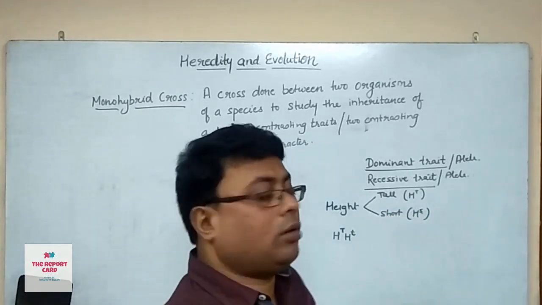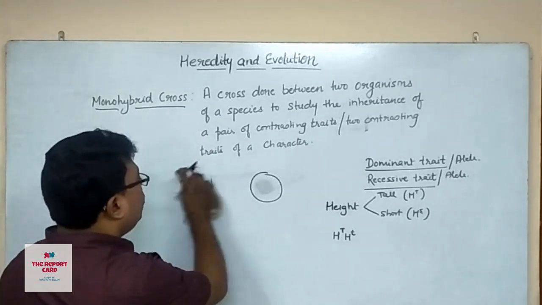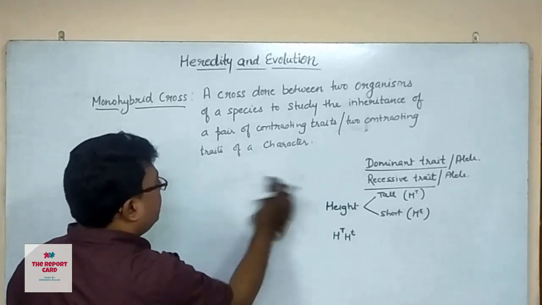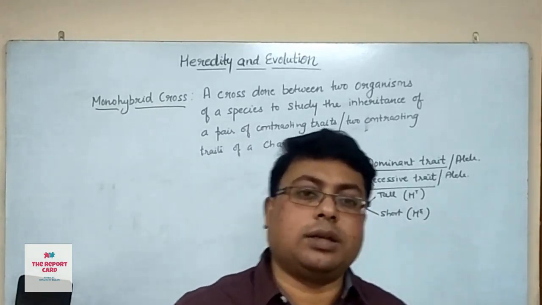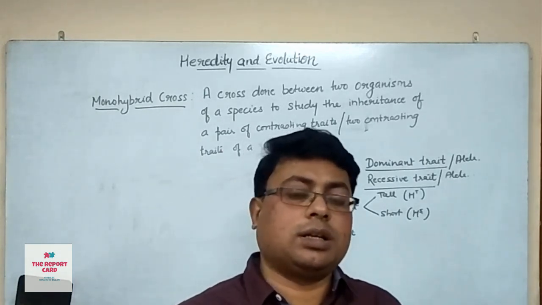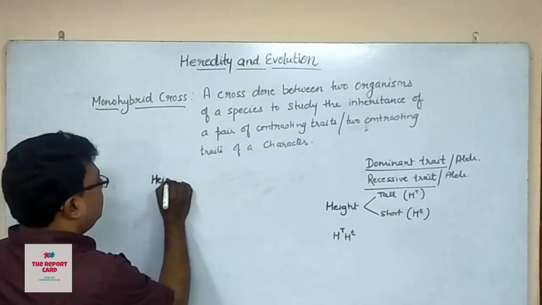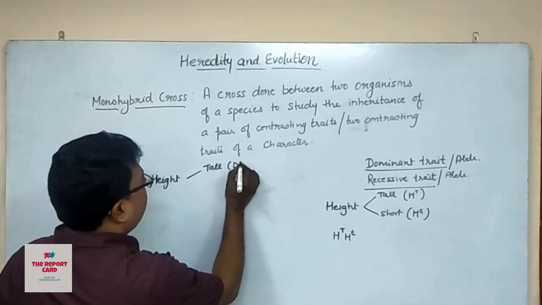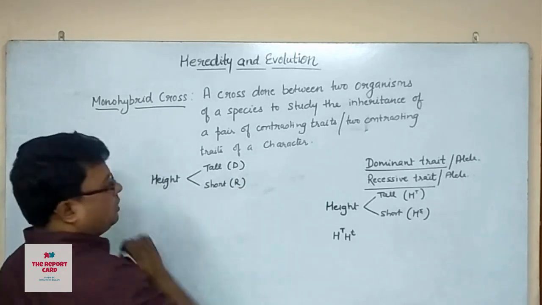But in CBSE and especially in grade 10, when you are going to show the crossing, how you are going to express the genotype. Now, to express the genotype, you should first know about the dominant and the recessive trait. Okay, so you should know which trait is dominant and which trait is recessive. So here, for example, when I am taking height, I know that tallness is the dominant trait and shortness is a recessive trait.